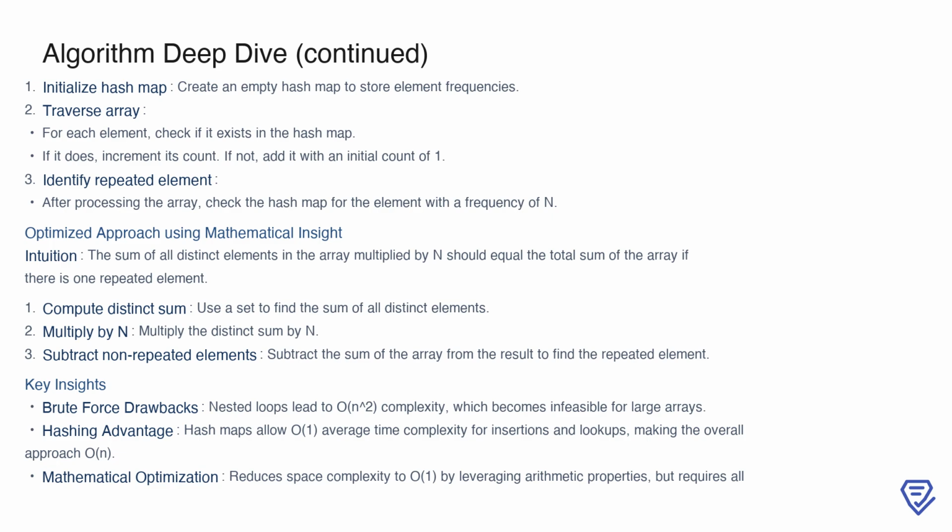This mathematical approach is efficient, requiring only O(1) space, but it assumes all elements are integers, which is a key limitation. Overall, these optimizations address the inefficiencies of the brute force approach, with hashing providing a robust, general-purpose solution and the mathematical method offering a space-efficient alternative.